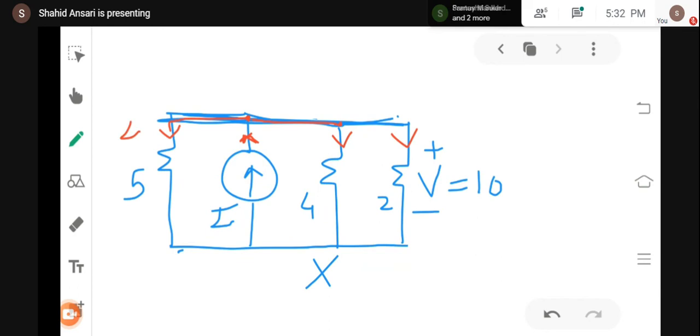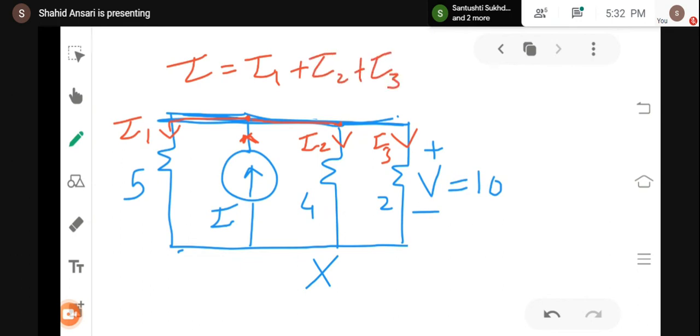If I name it I1, name it I2, and name it I3, what should be the value of I? I must be I1 plus I2 plus I3. Is it okay?